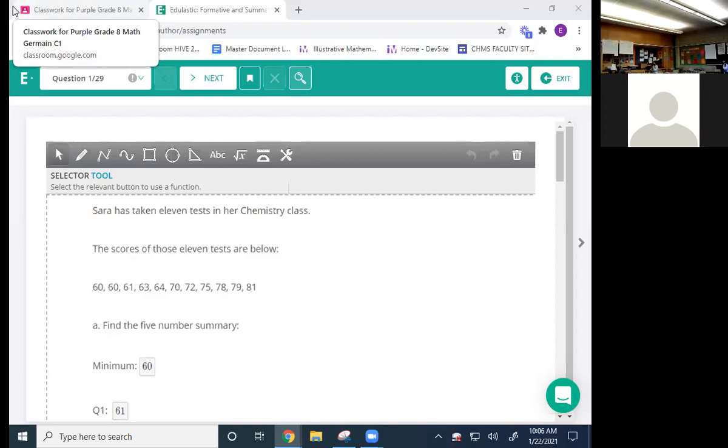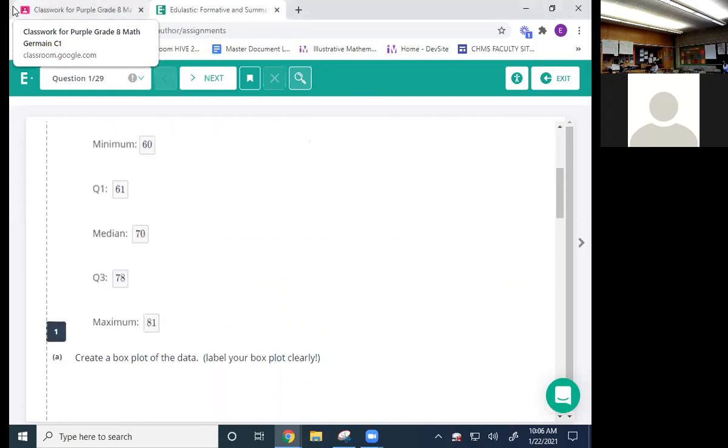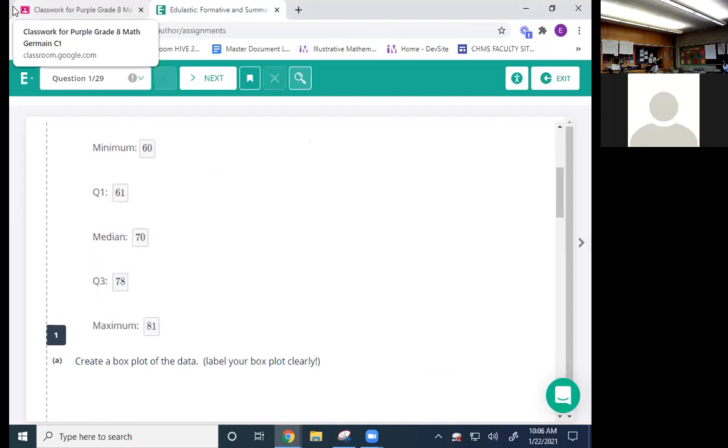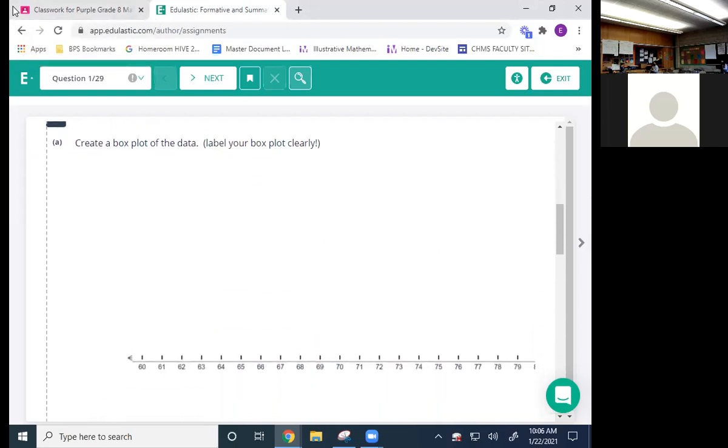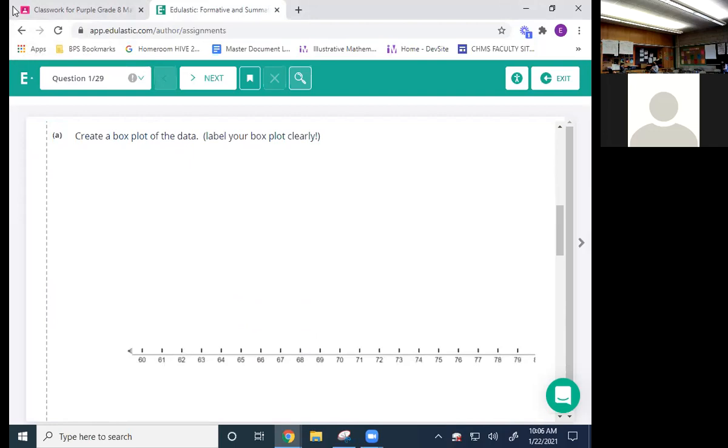So we were given this set of data, and we were also given the 5 number summary, so you didn't even have to do any work, which is pretty cool. We had to first create a box plot for our data, labeling and placing it carefully.